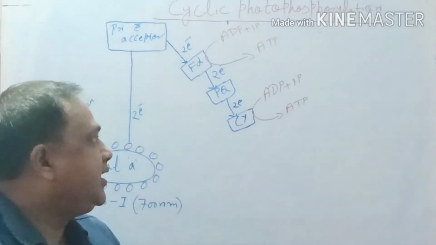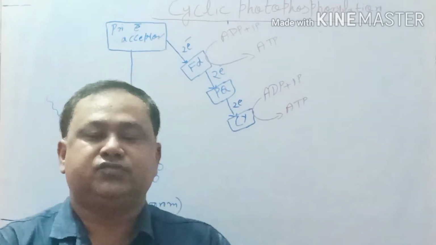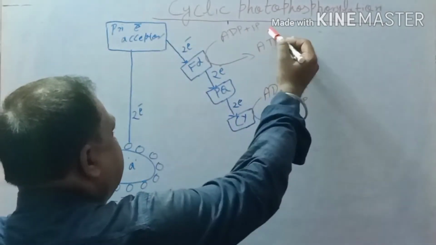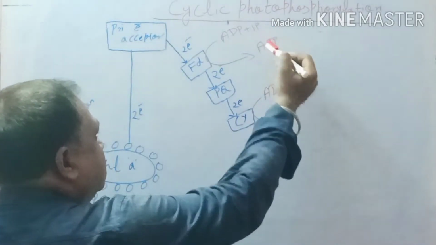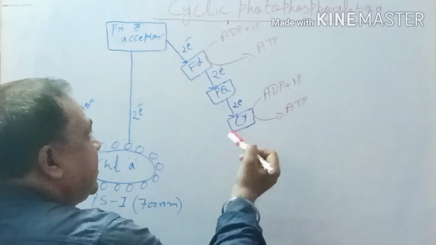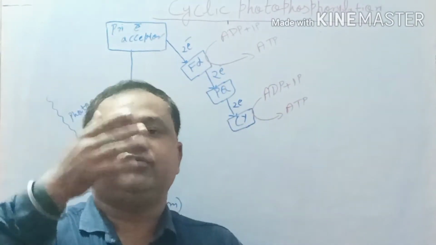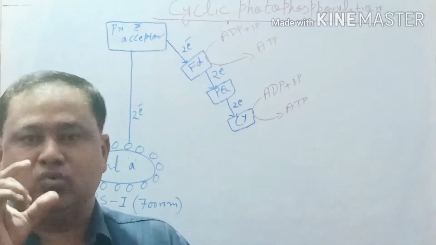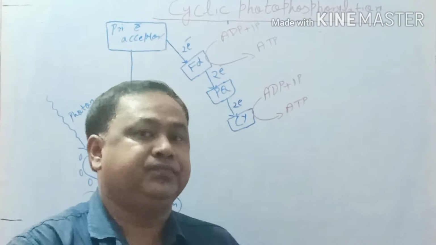If you compare it with non-cyclic photophosphorylation, here is the difference: the phosphorylation here takes place at two surfaces, ferredoxin and cytochrome, while in non-cyclic photophosphorylation, phosphorylation takes place only at cytochrome.